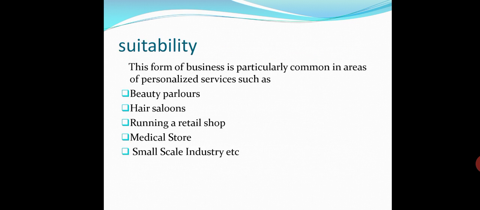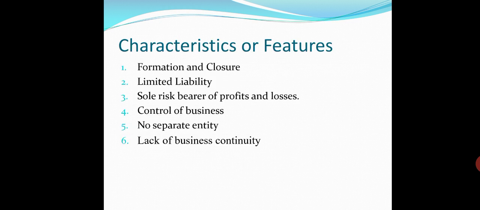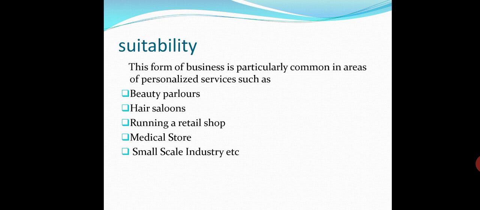So where is this particular form of business suitable? This form of business is particularly common in areas of personalized services such as beauty parlors, hair salons, running a retail shop, medical store, small scale industry, etc. So wherever we look for personalized services, sole trading concern comes into the picture.